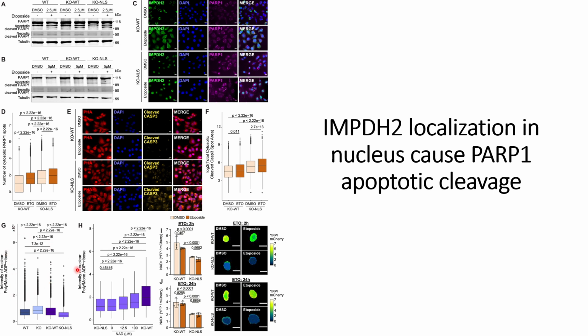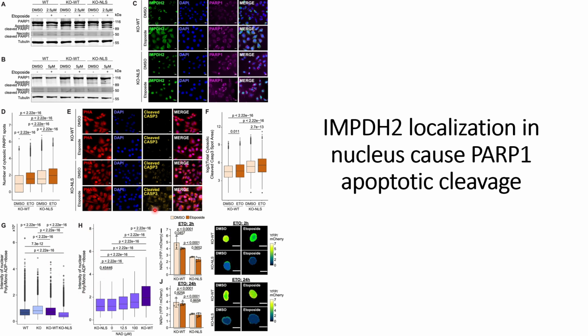So what they did is they supplemented NAD plus in the nucleus in these conditions, and wanted to see whether it would help in recovering this polymono adenosine diphosphate ribose in the cells.